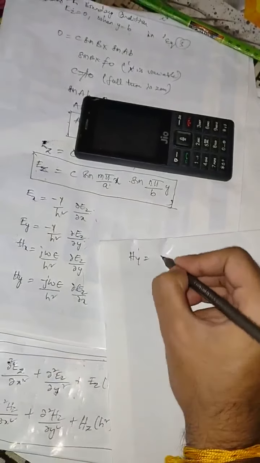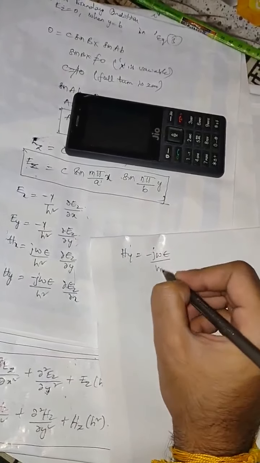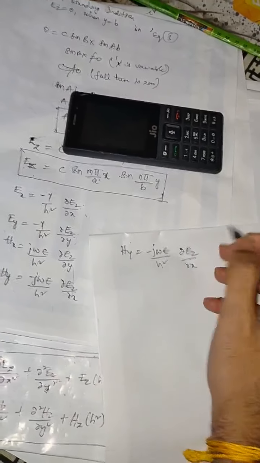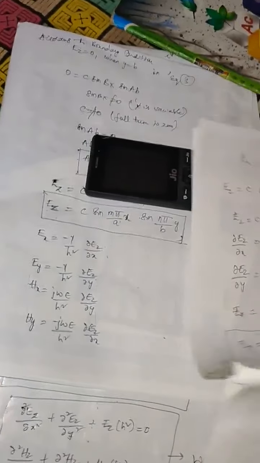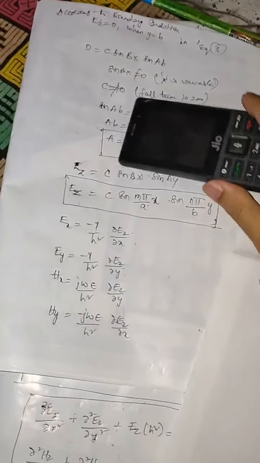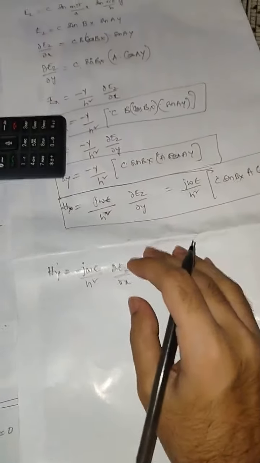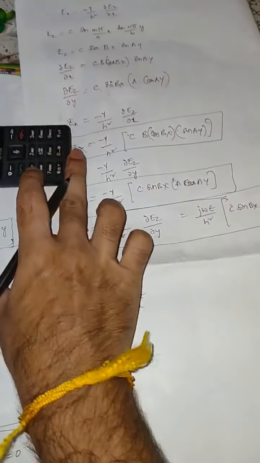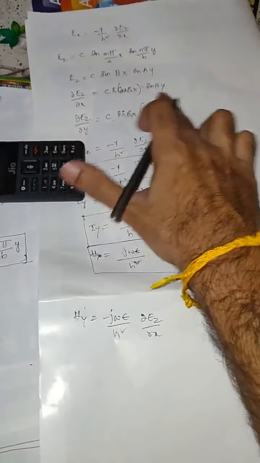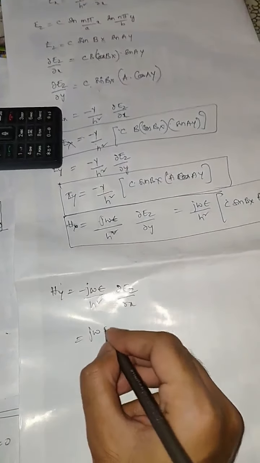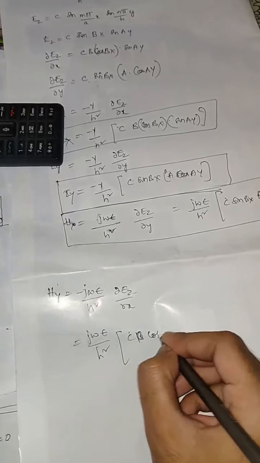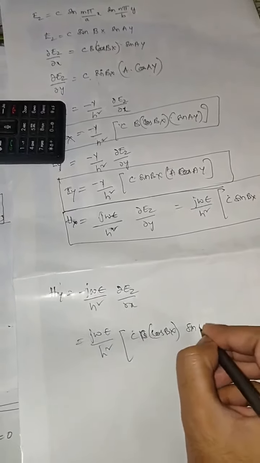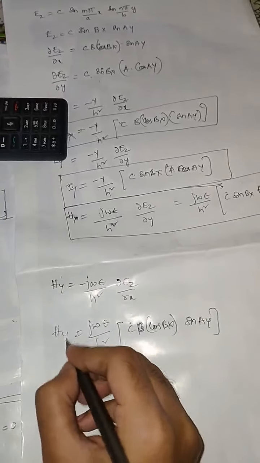Hy is equal to minus j omega epsilon by h square del Ez by del x. We have already derived del Ez by del x, so now substitute that value: j omega epsilon by h square, C b cos bx multiplied with sin ay. So this is the Hy value.